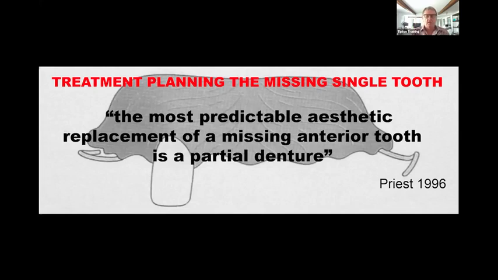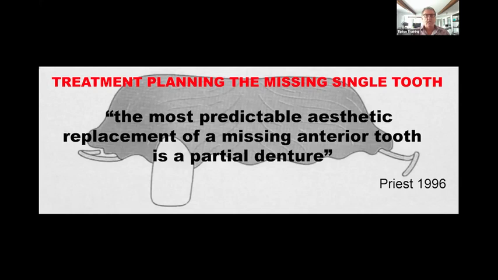Number one, there's no surgery involved. If you put an implant in, with the surgery there is risk of bone loss and soft tissue loss. Number two, we don't need to prepare teeth either side. And if we prepare teeth either side, depending on the quality of the technician that we use, we can either get a very good looking aesthetic result or potentially something that looks as though it's false.